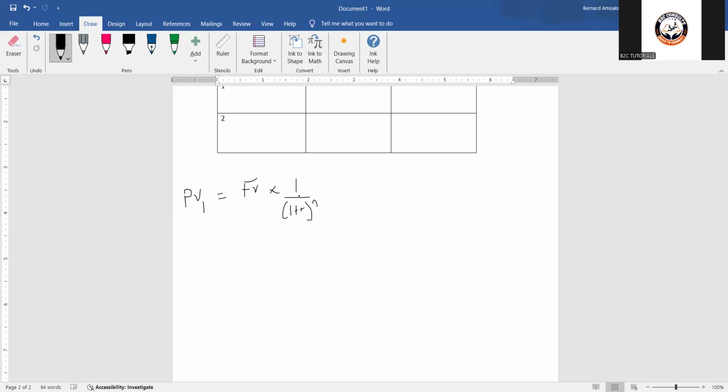I know this discount factor to be 0.909, and I know the future value for that particular year to be 30,000. So what is 30,000 multiplied by 0.909? Quickly, this would give me 27,270.